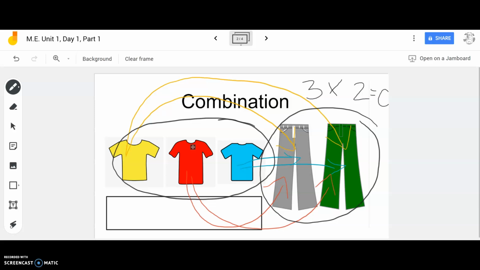Now my answer, my C, equals 6. But to be even more 5th grade, I need a label. That C stands for combinations. So my label is combinations.